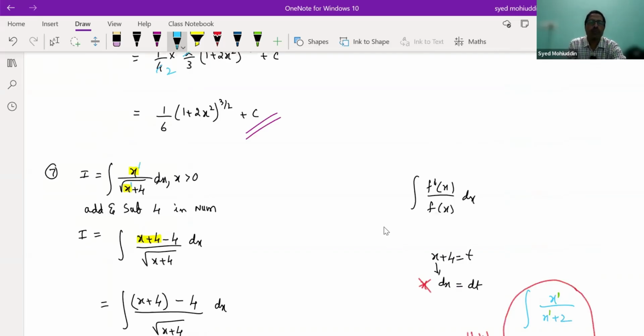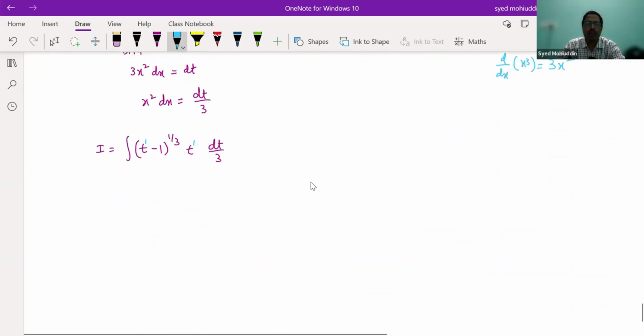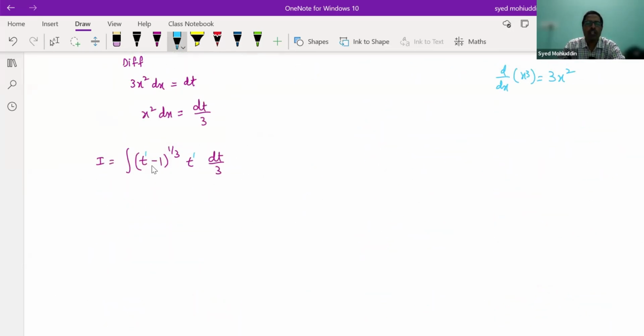In the denominator we had x plus 4, and in the numerator also we brought it as x plus 4. That was in terms of x, but now we are getting it in terms of t. Here you are getting t minus 1, so you have to make this value also t minus 1. Both the values have to be made t minus 1 itself if you want to solve this one.